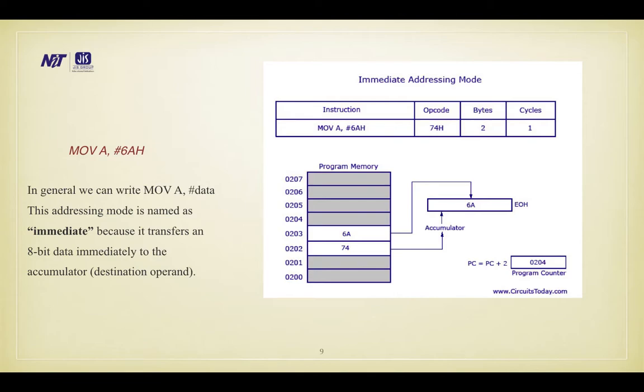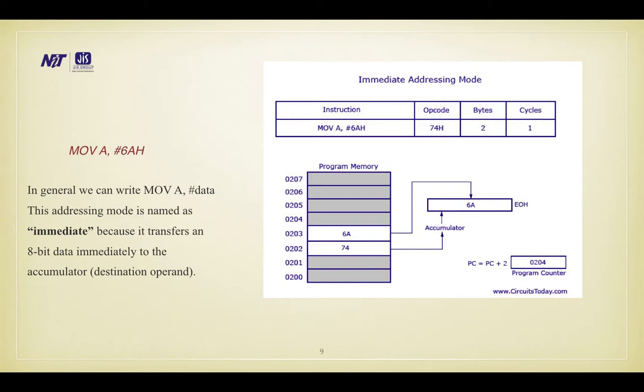So there is program memory. At address 0203, it is 6A, and at address 0202, it is 74. So at 0202 it is the opcode and the data is at 0203. If the program counter is PC, then PC plus 2, because it requires 2 addresses.